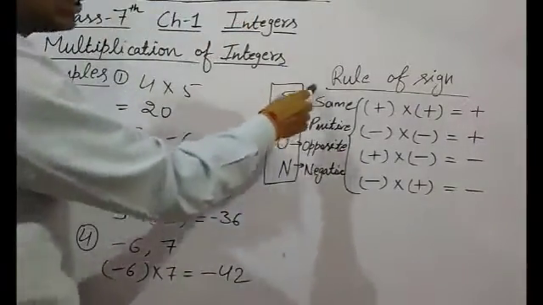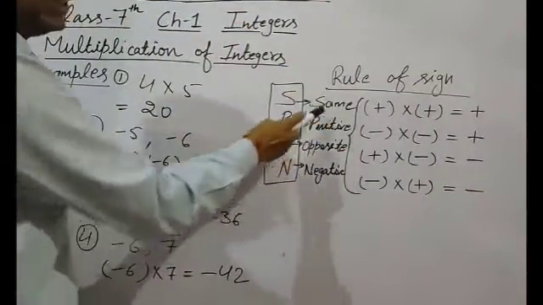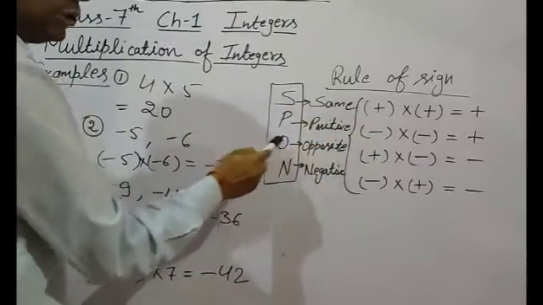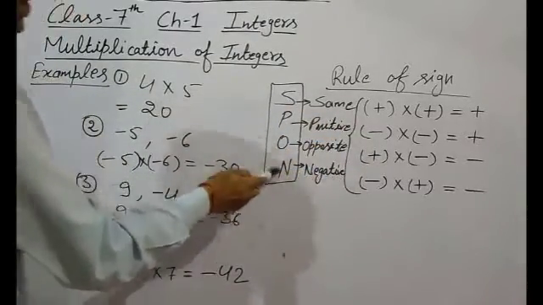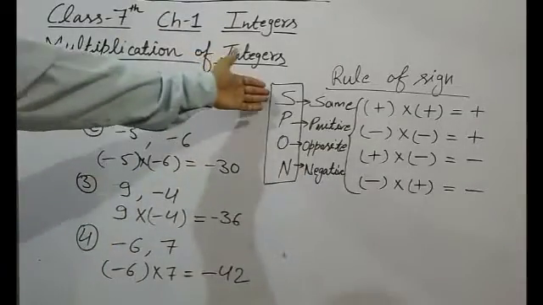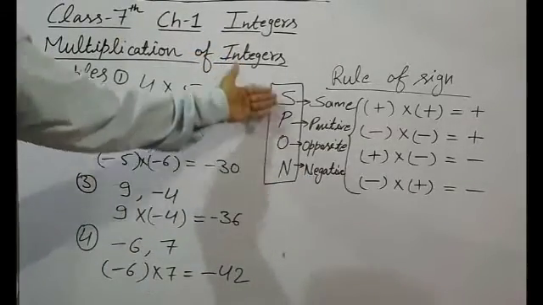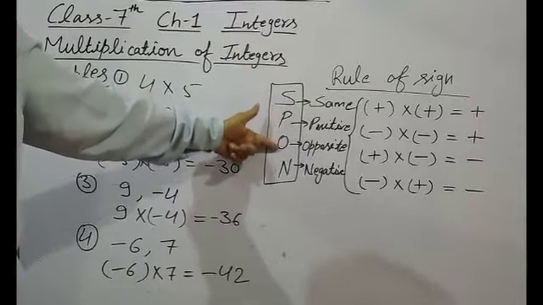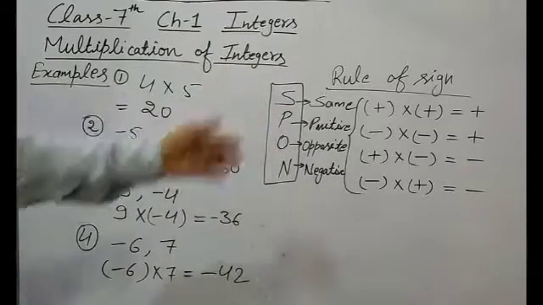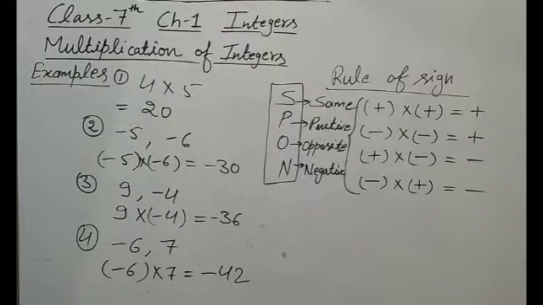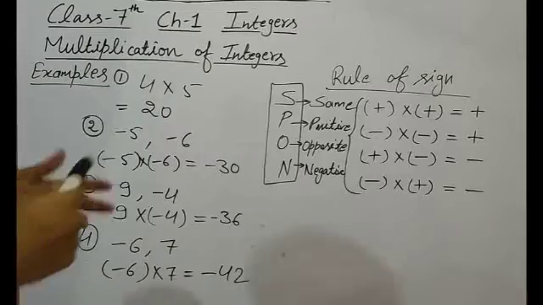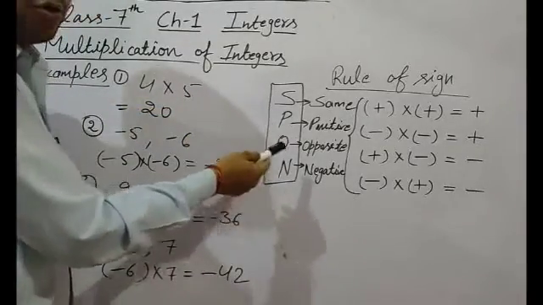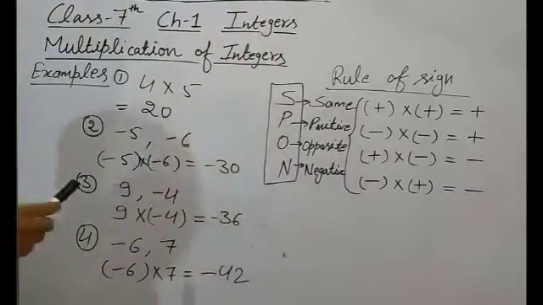We take the first letters: same S and positive P, opposite O and negative N. So we call this SPON, SPON: same sign positive, opposite sign negative. By this trick we can remember easily and not forget for a long time.